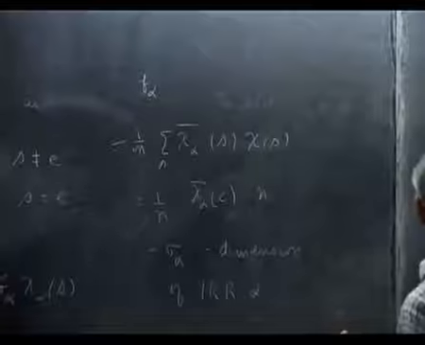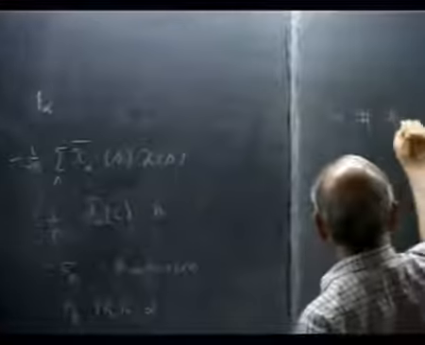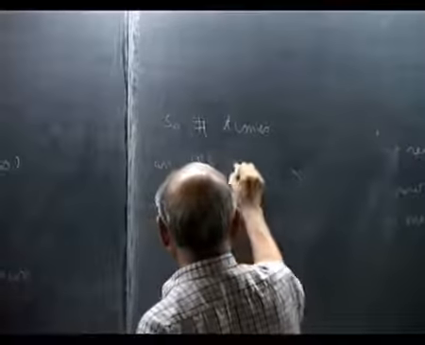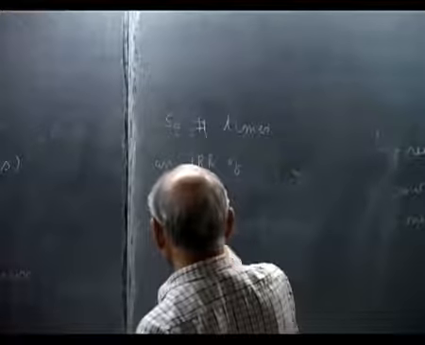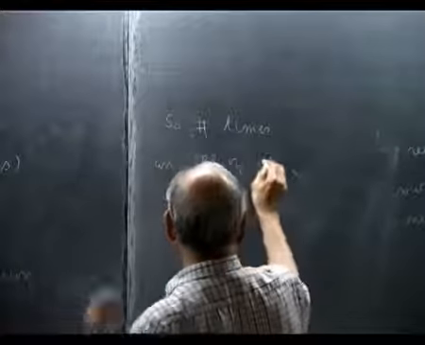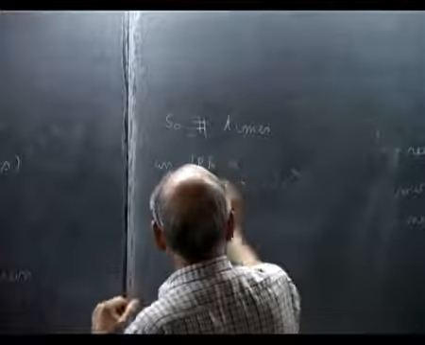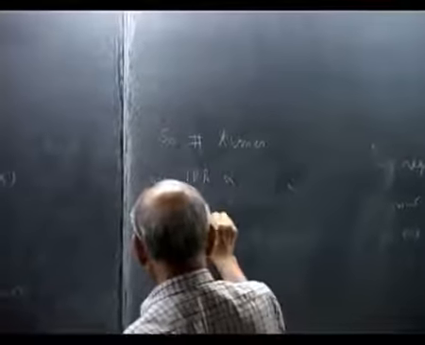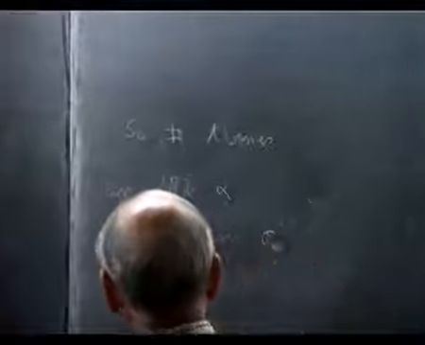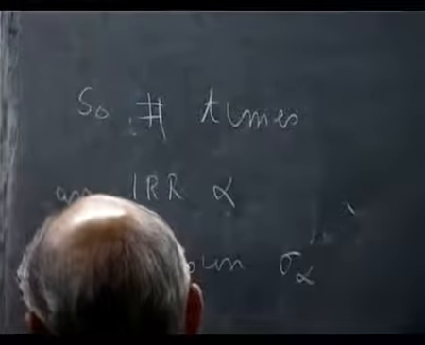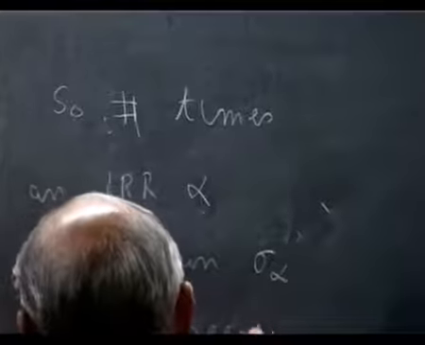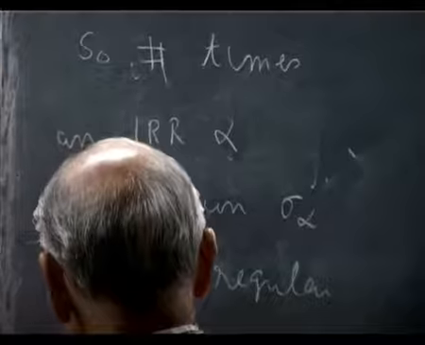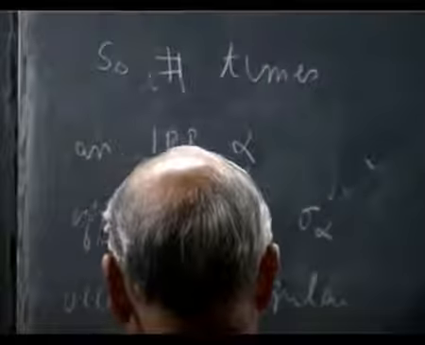The number of times an IRR alpha of dimension sigma alpha occurs in the regular representation is equal to sigma alpha.